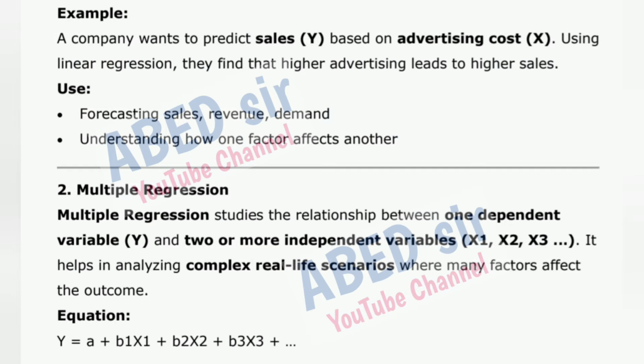2. Multiple regression. Multiple regression studies the relationship between one dependent variable, y, and two or more independent variables, x1, x2, x3. It helps in analyzing complex real-life scenarios where many factors affect the outcome. Equation. Y is equal to a plus b1 x1 plus b2 x2 plus b3 x3 plus.